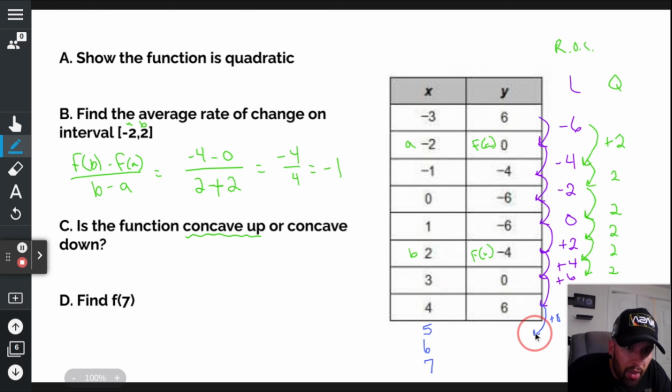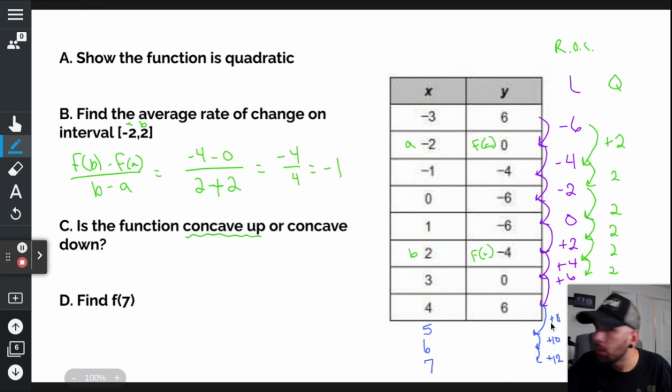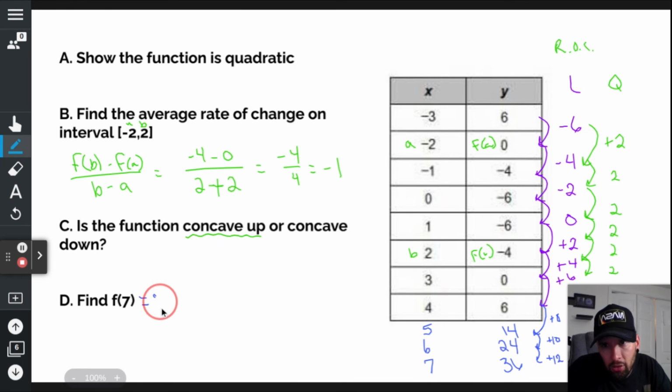Then plus 10, then plus 12. So 6 plus 8 is 14. 14 plus 10 is 24, and 24 plus 12 is 36. F of 7 is 36.